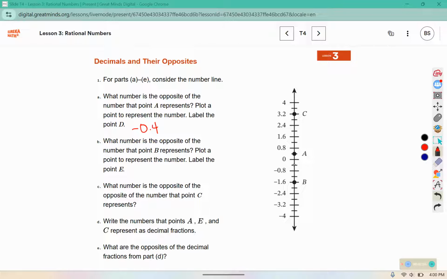And then it says plot it on the number line and label it with point D. What number is the opposite of point B? B is -1.6, so positive 1.6 is the opposite. And we need to label that point E. C, what is the opposite of point C? That would be -3.2.